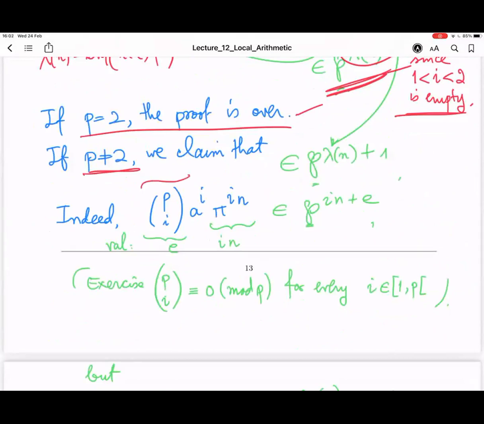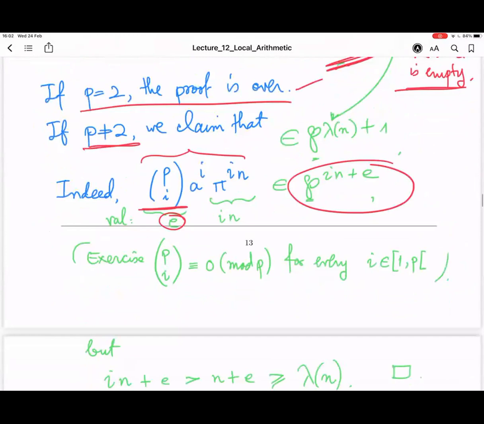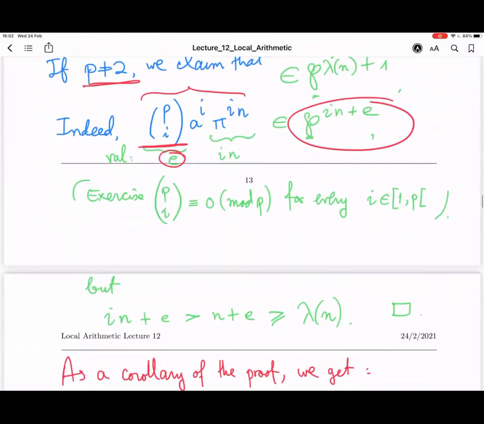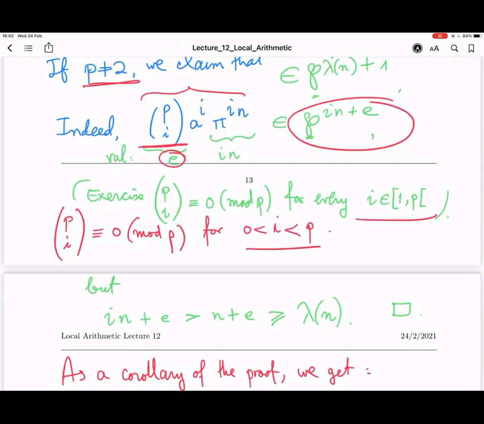we claim that these remaining terms belong to this. That's clear because the valuation of this is e, right? Why is that equal to e? That's because this binomial coefficient (p choose i) is divisible by p for any i which is strictly between 0 and p. Okay, so the valuation of this binomial coefficient is at least e.